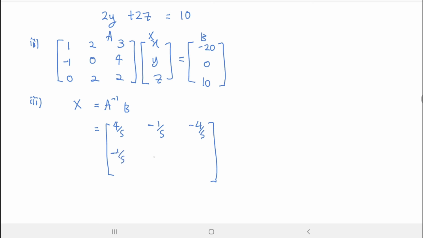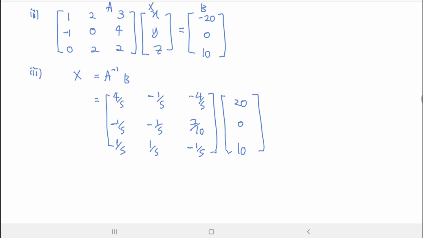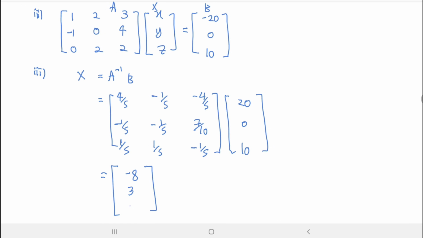Negative 1 over 5, negative 1 over 5, 7 over 10. 1 over 5, 1 over 5, and negative 1 over 5. And then the B is 20, 0, and 10. Again, by using the knowledge of multiplication of two matrices, you will get the answer, which will be negative 8, 3, and 2.